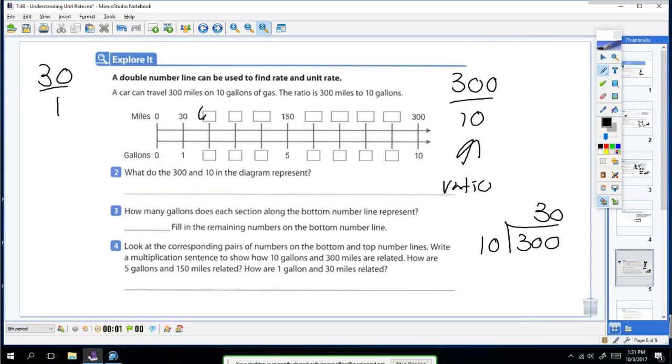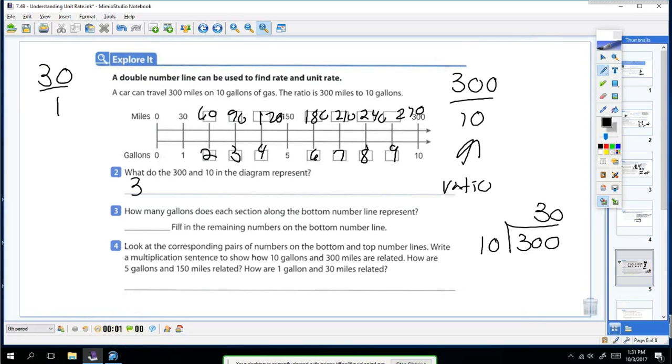So up here, this would be 60 for every 2 gallons, 90 for every 3, 120 for 4, 150 for 5, and then 180 for 6, 210 for 7, 240 for 8, and 270 for 9. So what do the 300 and the 10 in the diagram represent?